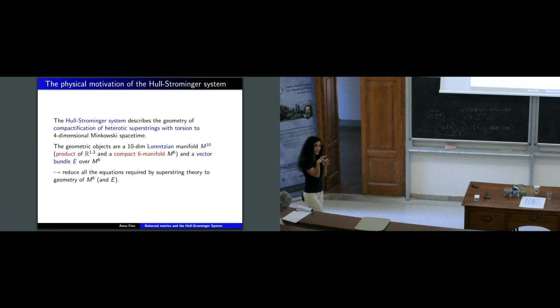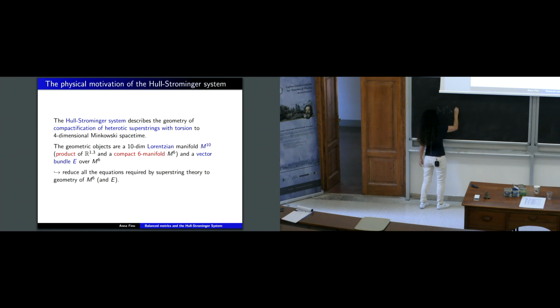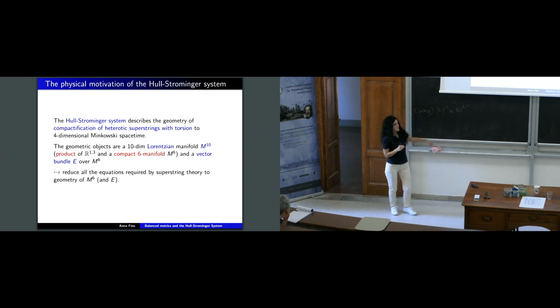So we have a link from 10 dimensions to 4 dimensions, and locally the manifold will be a product of a 6-dimensional manifold with locally Minkowski space.